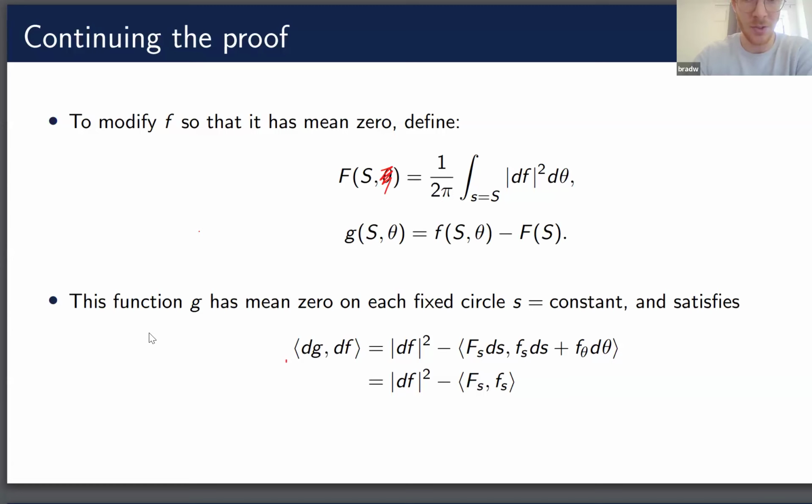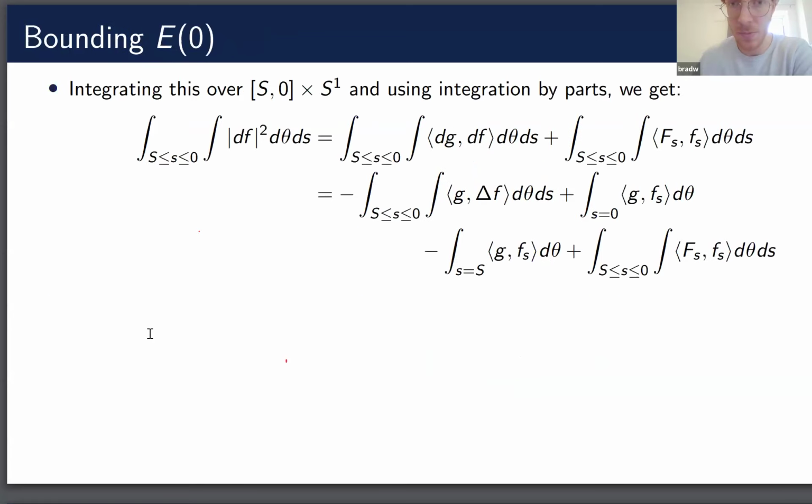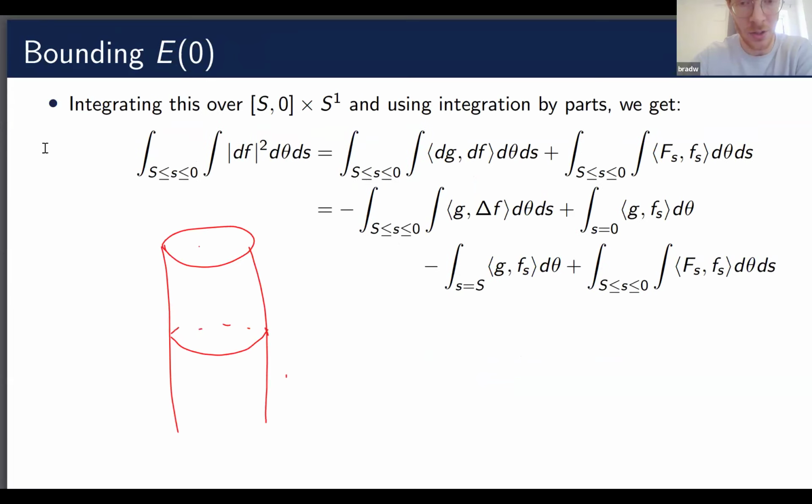And okay, so let's apply this equality. If we integrate over this portion of the cylinder, so we've got a cylinder here, and big S is there, zero is here. We're going to integrate over all of this all the way down to infinity. If we use integration by parts as well, what we get is this.